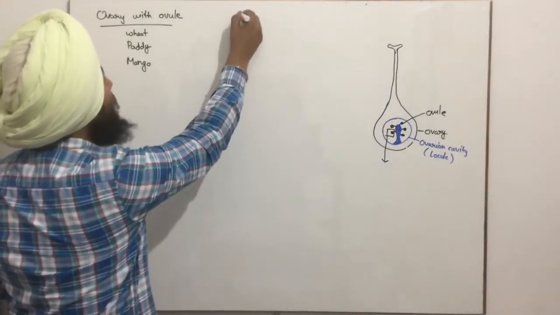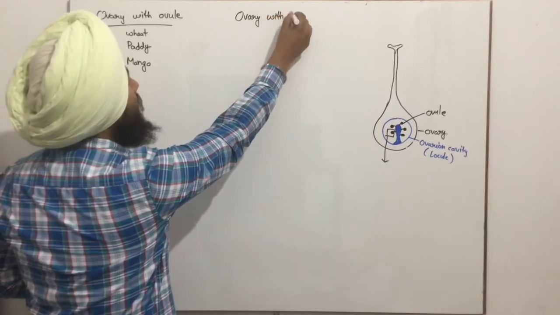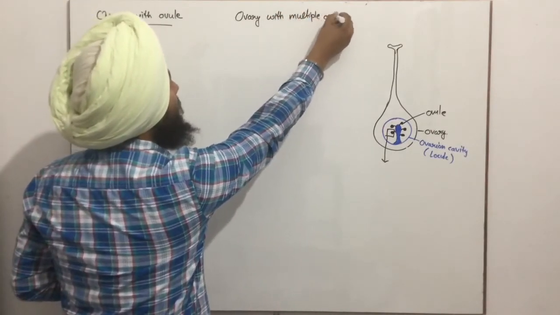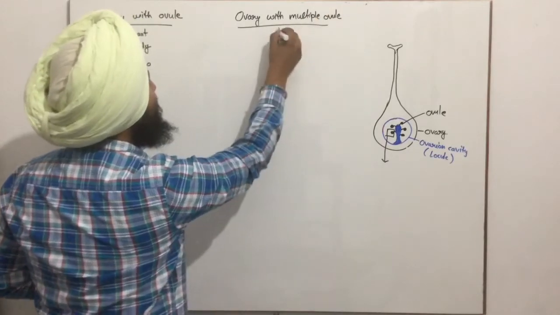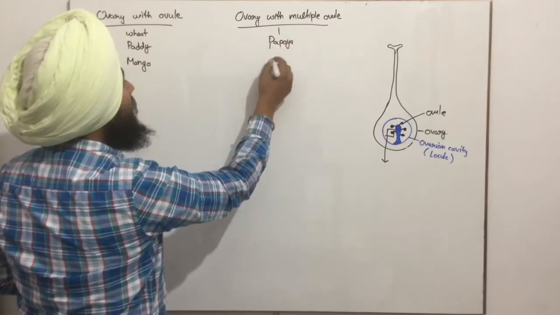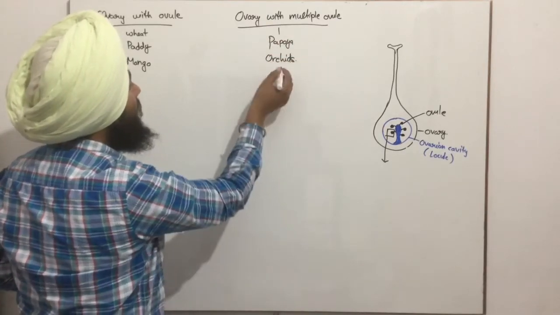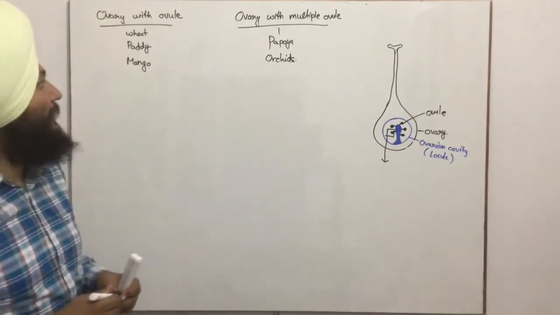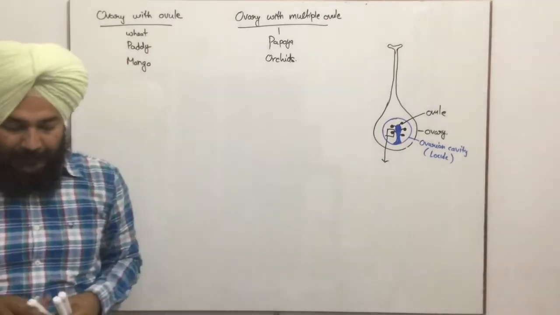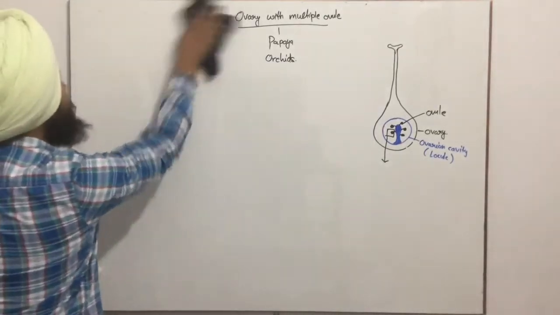Then we have the ovary with multiple ovules, or more than one ovule. Examples are papaya and orchids. So these are the examples of ovaries with one ovule and multiple ovules. Now we will start with the structure of the ovule.